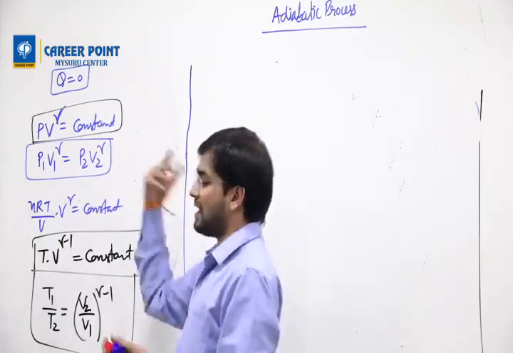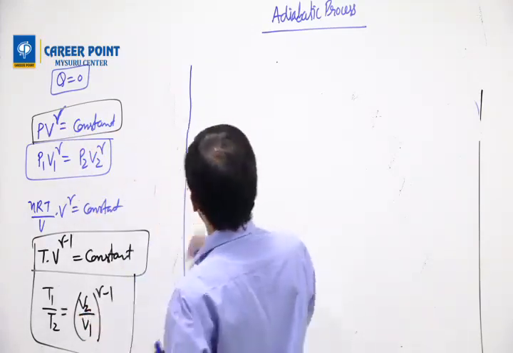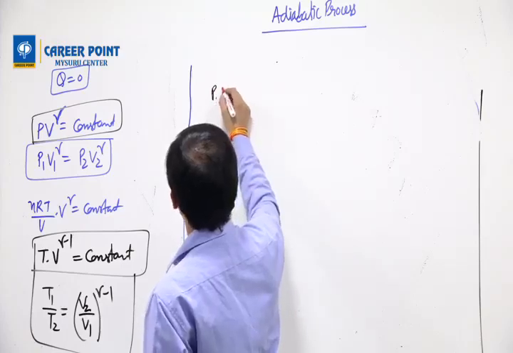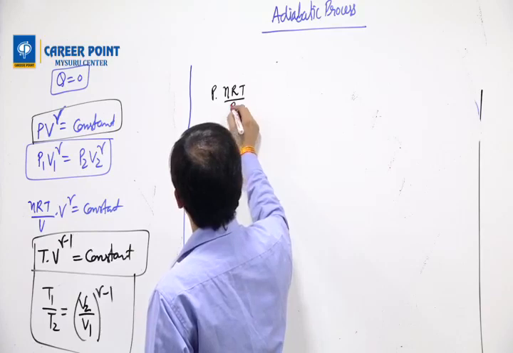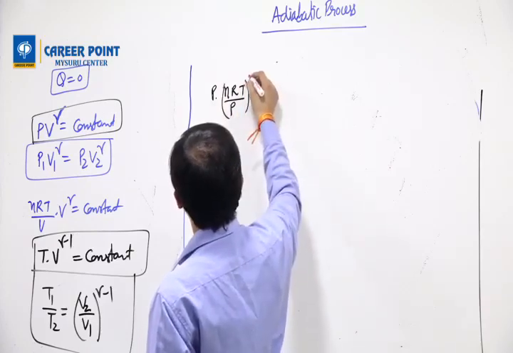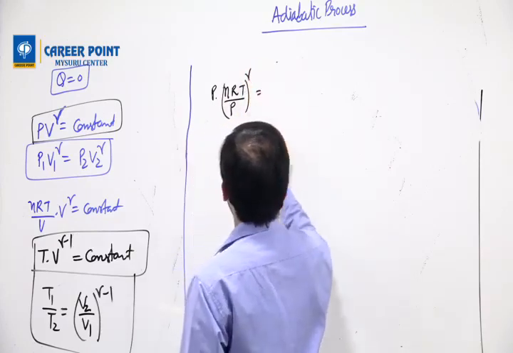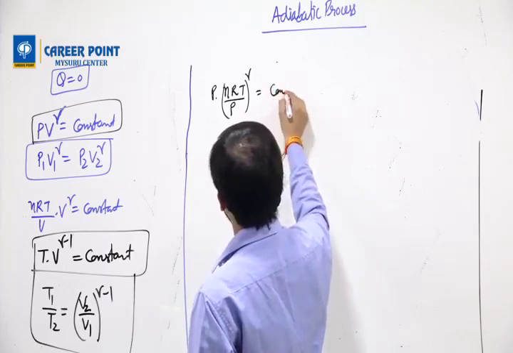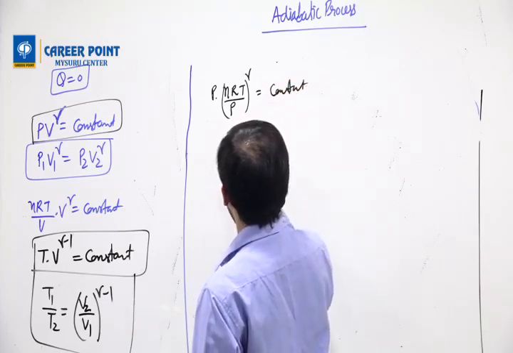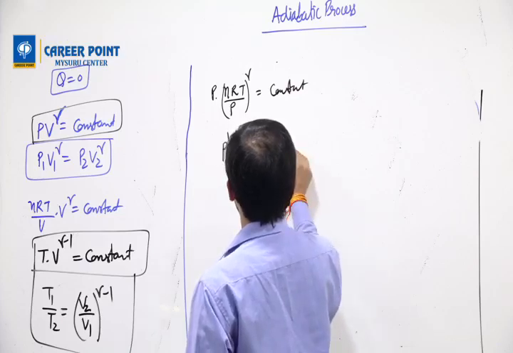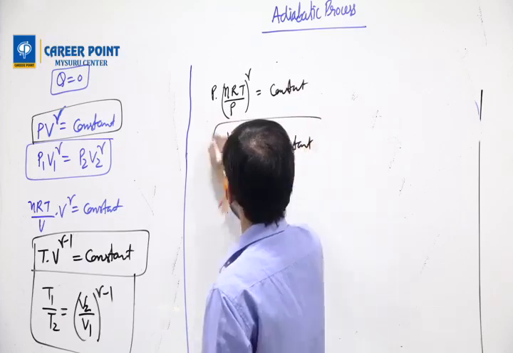Let's say the pressure and temperature data is given. Then you will write P equals to nRT by V, so nRT by P power gamma equals to constant. Then it becomes P power 1 minus gamma, T power gamma equals to constant.